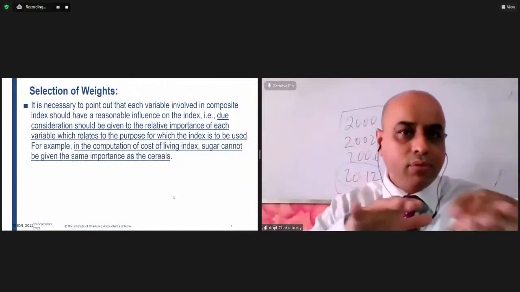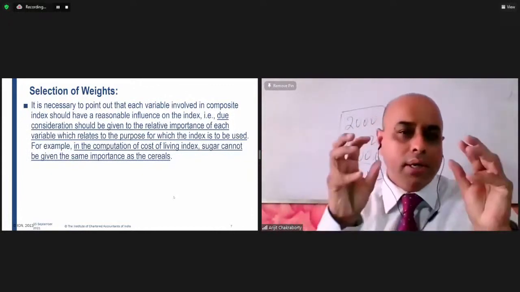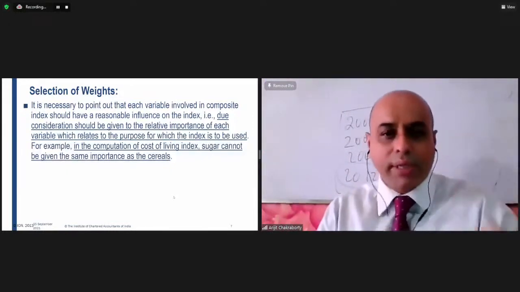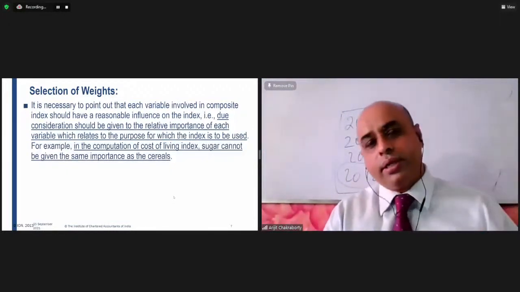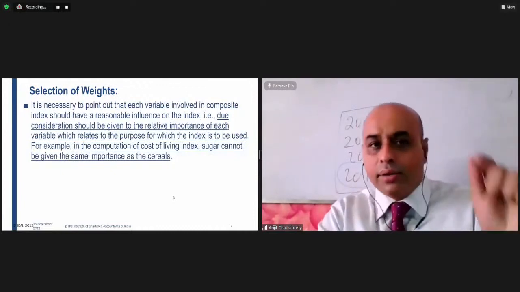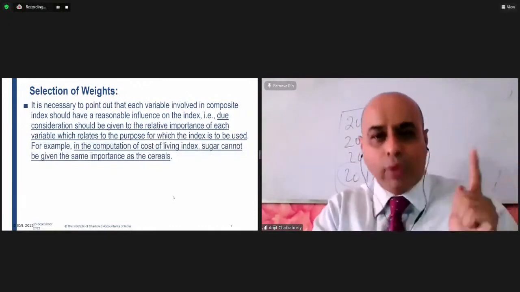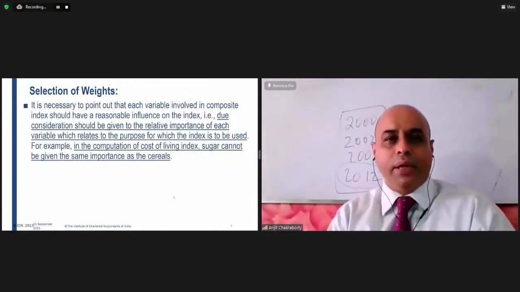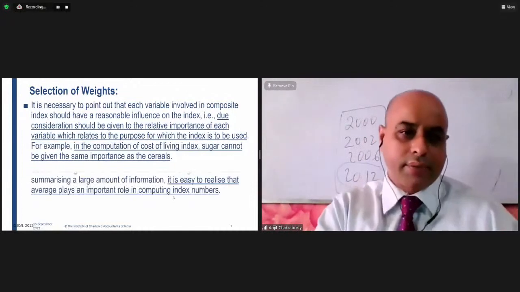So the relative weightage of all these individual product or individual items, the weightage has to be very carefully selected. So this is the important concept which we learn from this slide, that the selection of weights in computing an index number has to be carefully decided.